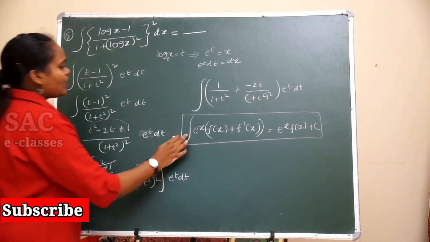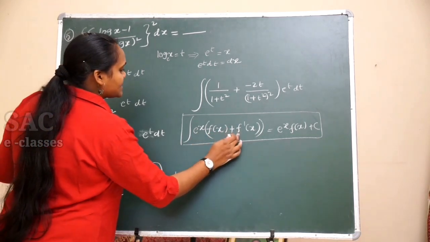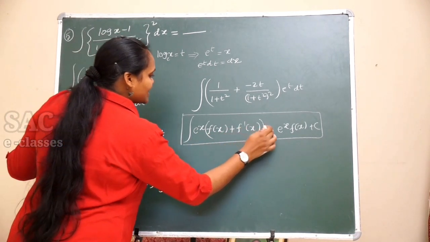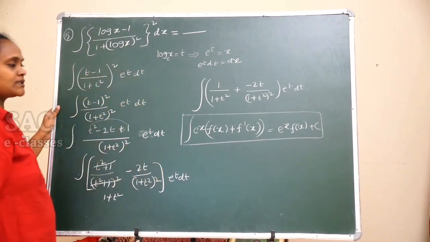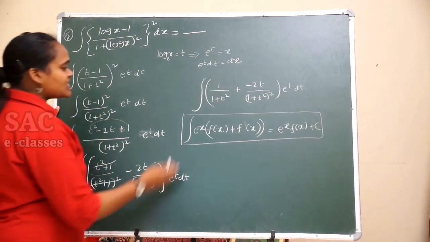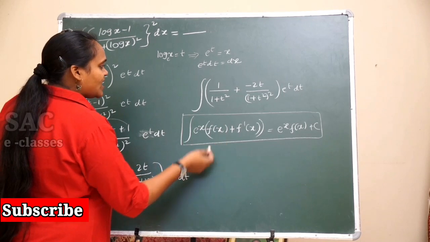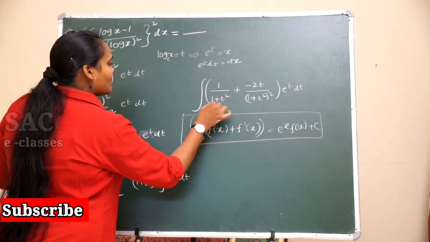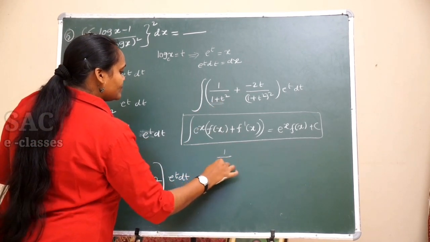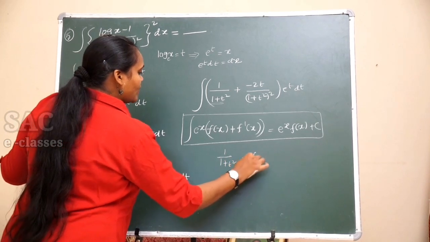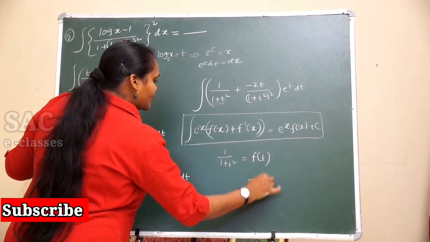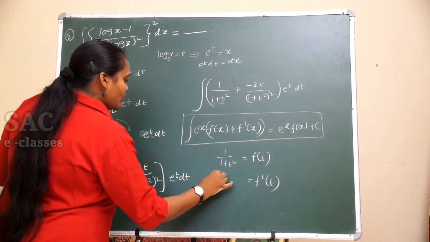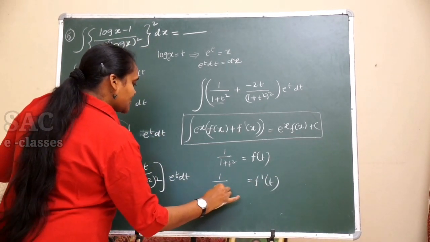Integration e power x into f of x plus f dash of x is equal to e power x into f of x plus c. Clearly, which is the f of x and which is f dash of x? If you have taken this as f of t, then its differentiation is f dash of t, 1 by 1 plus t square.